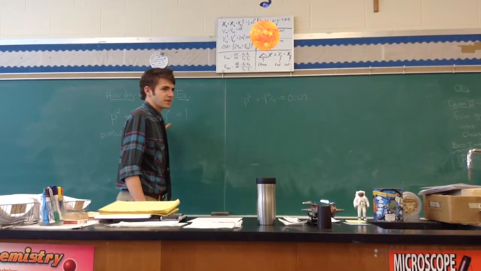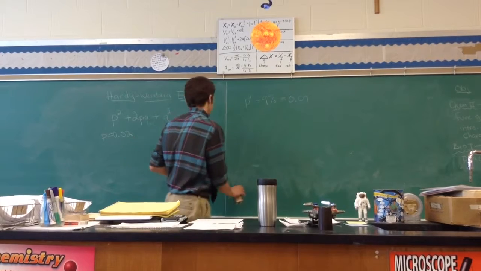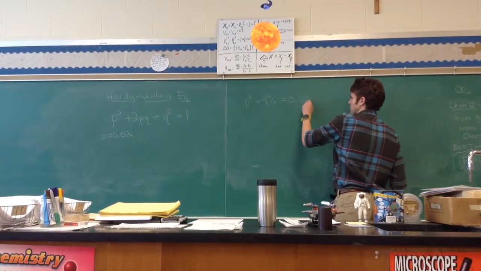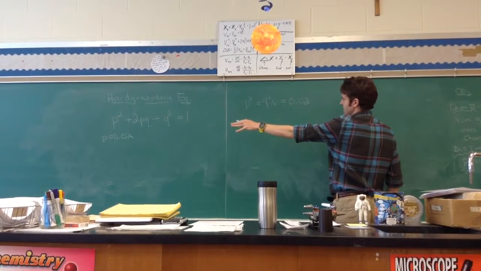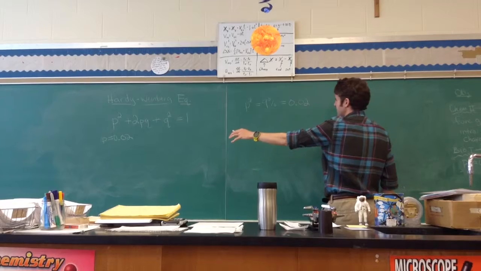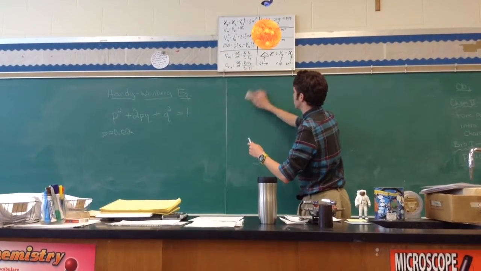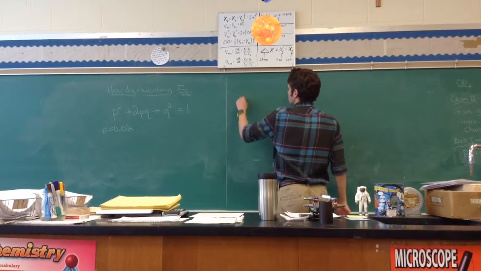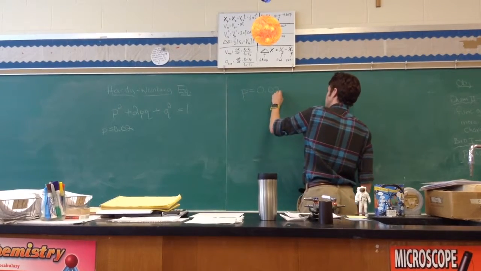I'm just going to tweak this now because we're using a new value here. So if this is 0.02 for, oh wait, that's just P. Let's set this up. P is 0.02.